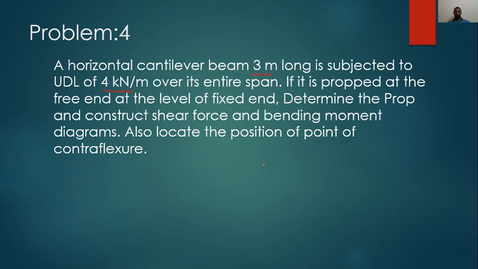We need to draw the diagram: a propped cantilever beam, 3 meters long, subjected to UDL over the entire span, magnitude 4 kN per meter.